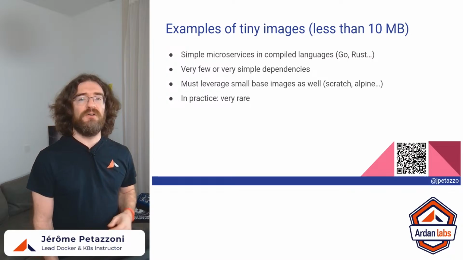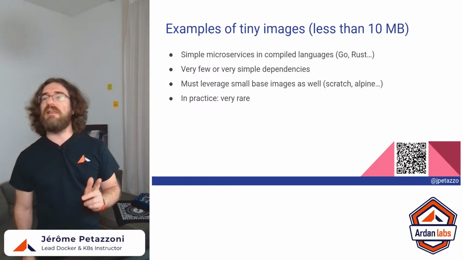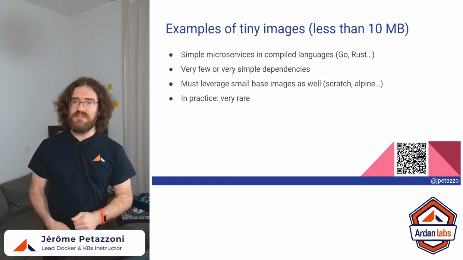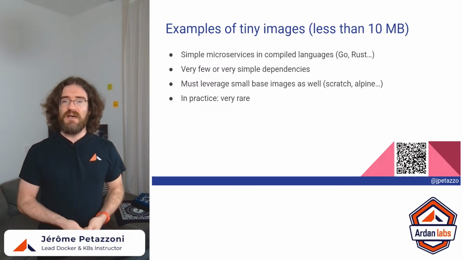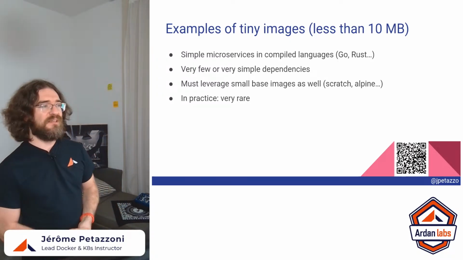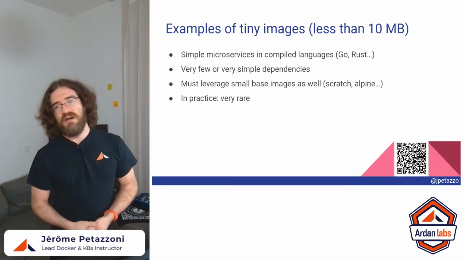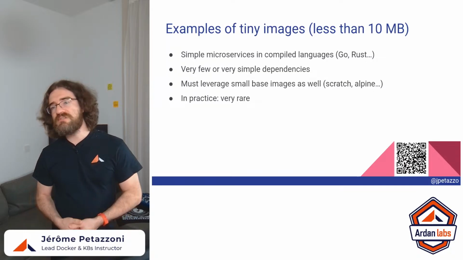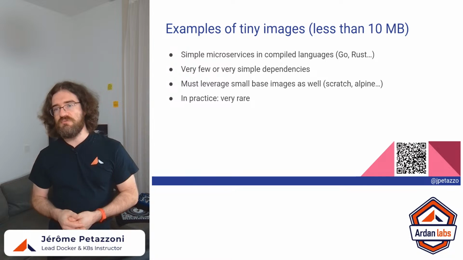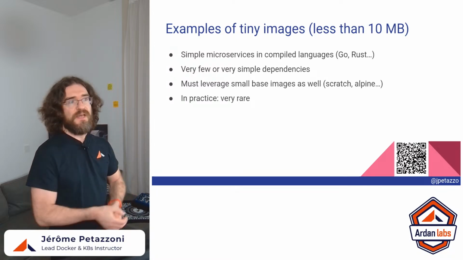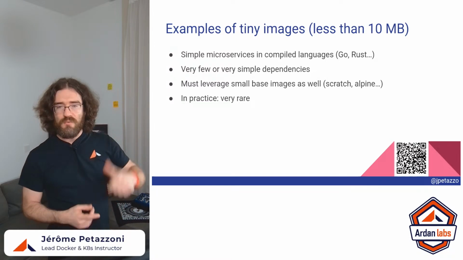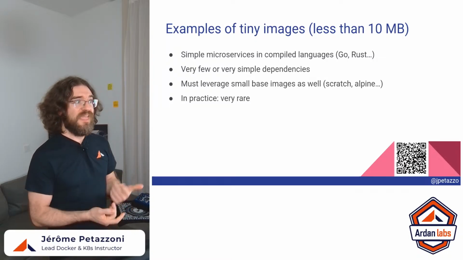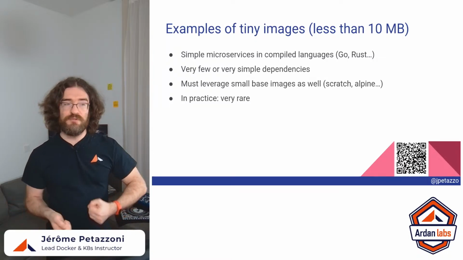If you have a tiny microservice in a compiled language like Go or Rust, and if it's been fairly optimized, then yeah, it's going to be less than 10 meg. But let's be honest, in practice, most container images are going to be bigger than that because maybe they are not in a compiled language, or they have actual dependencies that are much bigger than that.